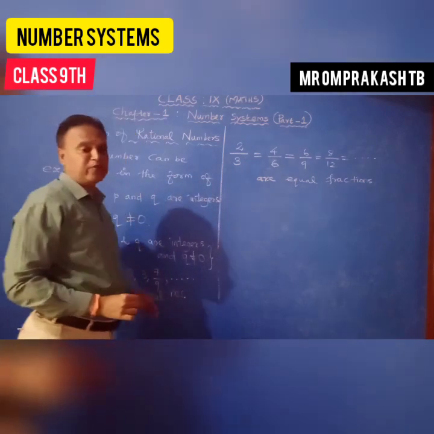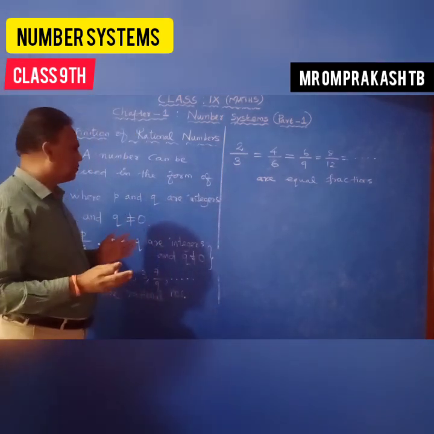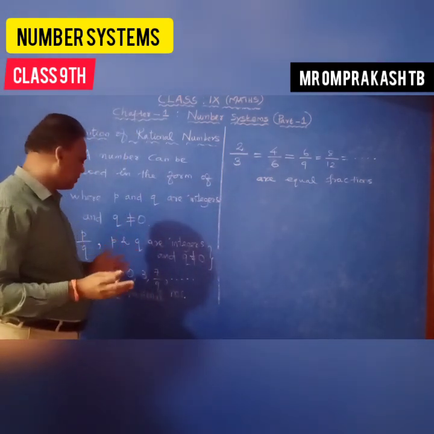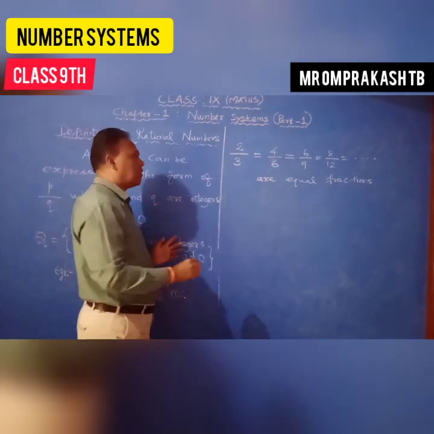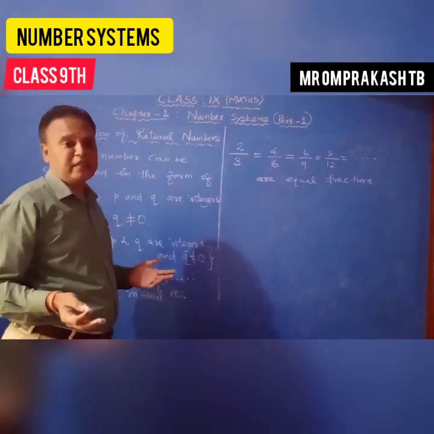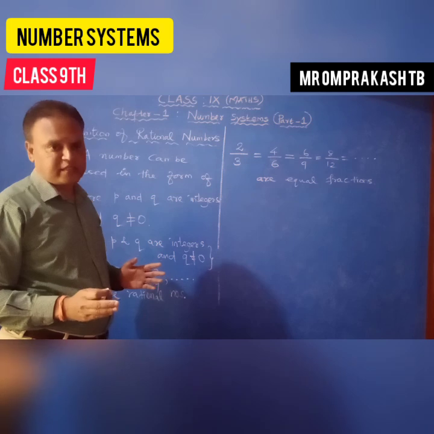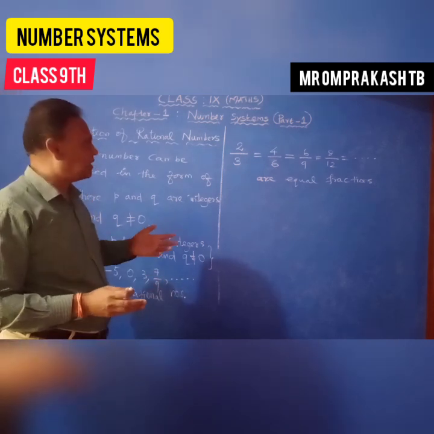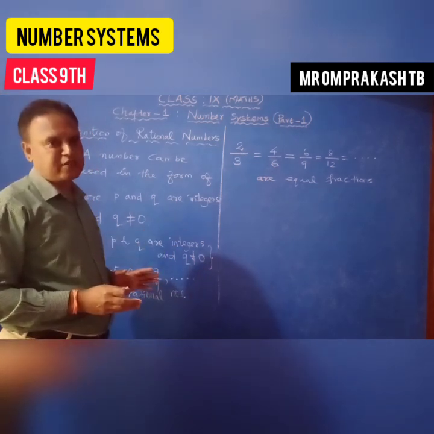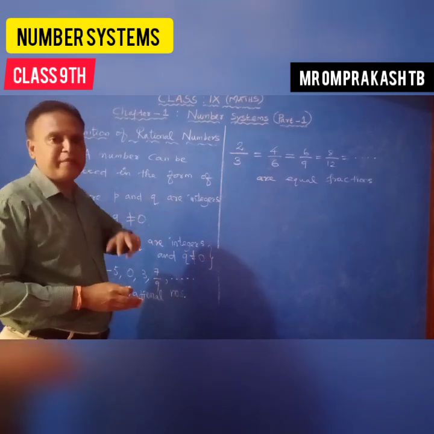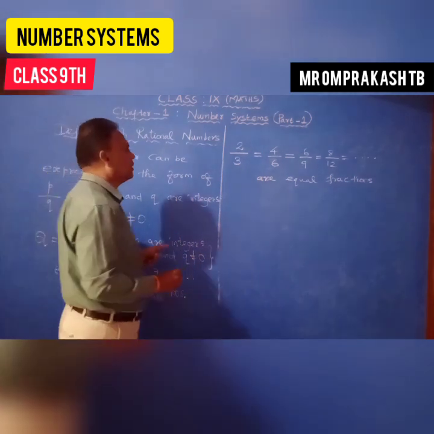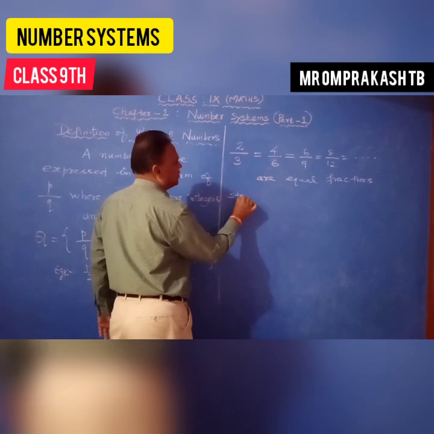Next you learned the standard form of fractions. What is the standard form of a fraction? It means there are no common factors of numerator and denominator, that is, the HCF of numerator and denominator is 1.